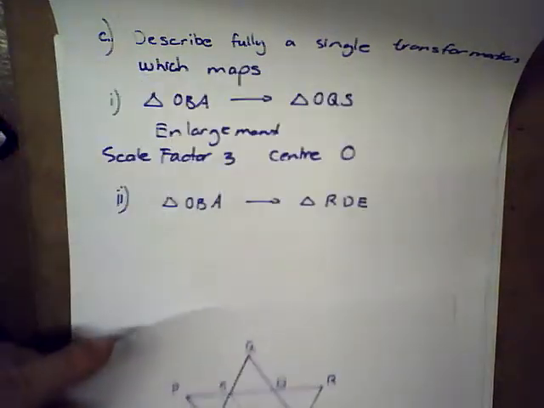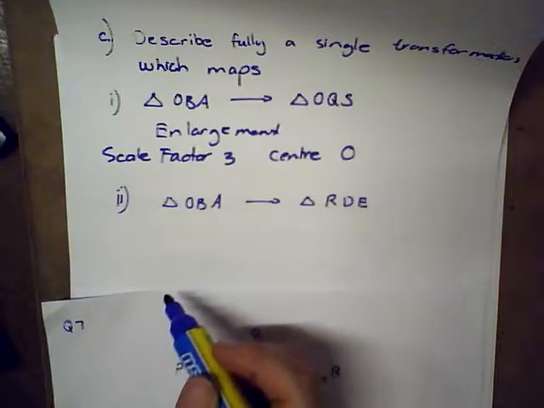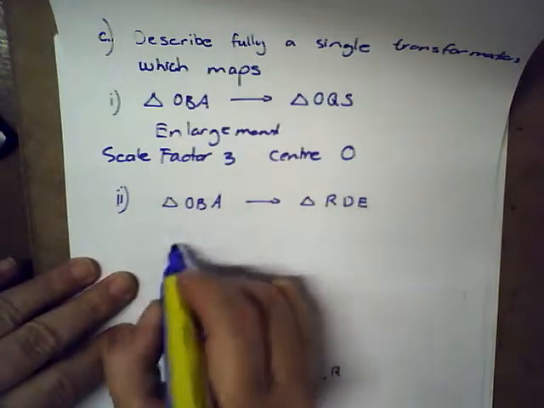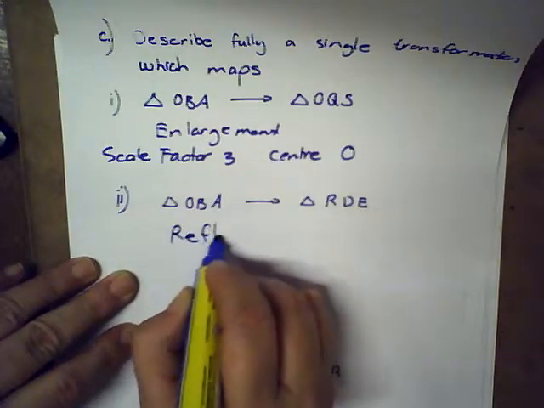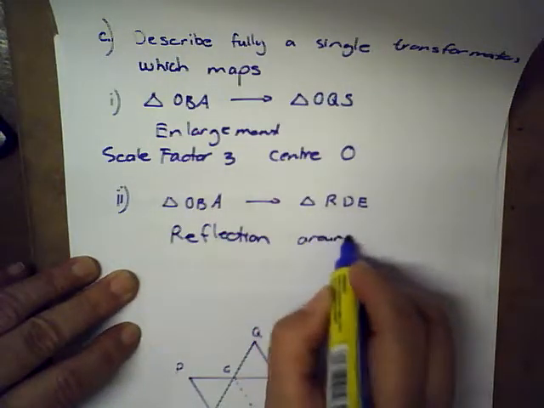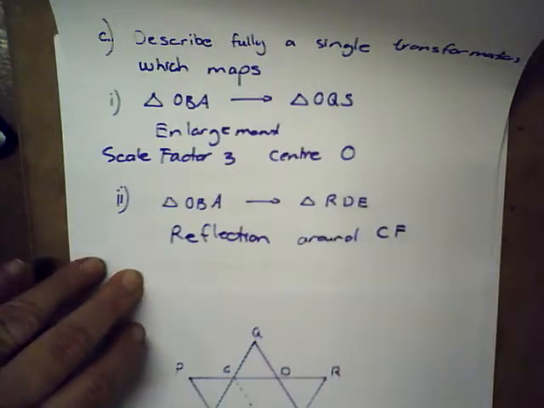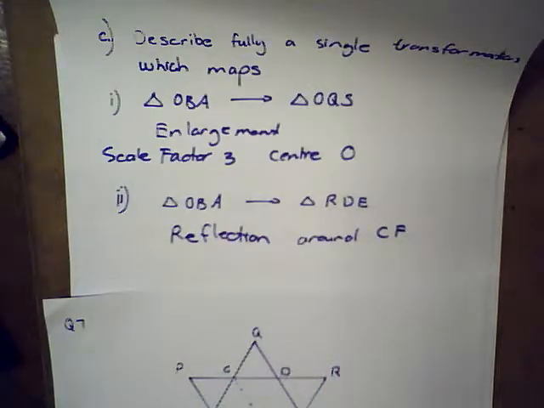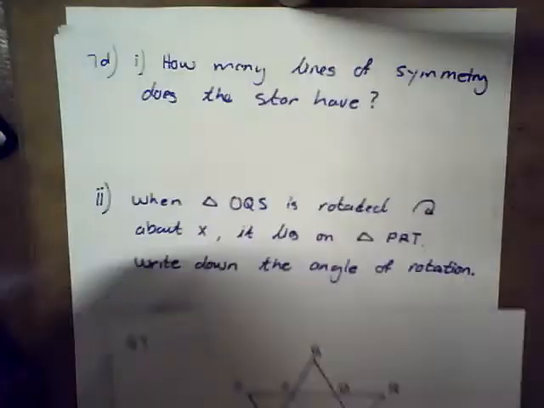So this transformation is a reflection around CF. Okay, good.